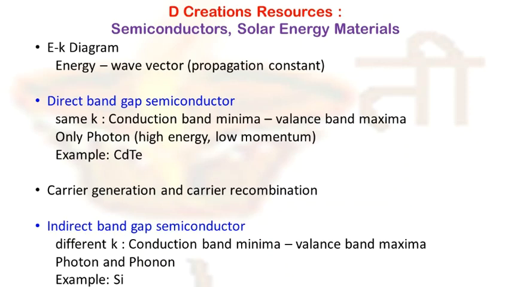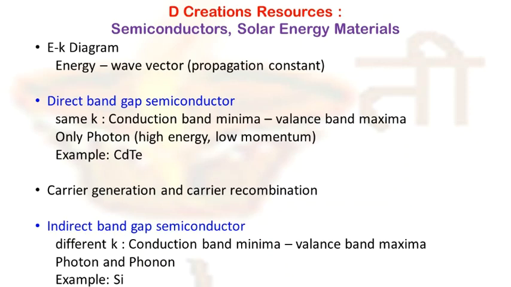To repeat, in indirect semiconductors, instead of one particle, the photon, two particles are involved, namely the photon and the phonon, so that generation and recombination of electrons can take place. And so the probability of generation and recombination is less in indirect band gap semiconductors.